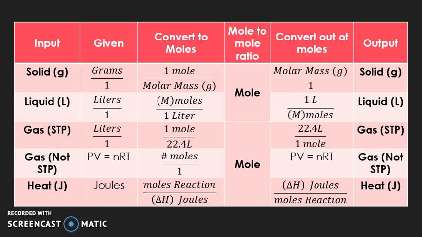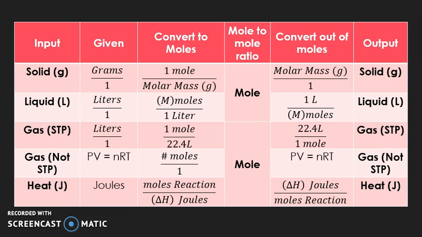I want to show you how this fits into the overall grand scheme of things. You saw this chart last chapter as we were starting to knit together solids, liquids, and gases. Heat is the final type of measurement that I can take, so it's important to knit this all together in one nice little bow. So heat, its measurement is joules. You can always start with that going over 1.